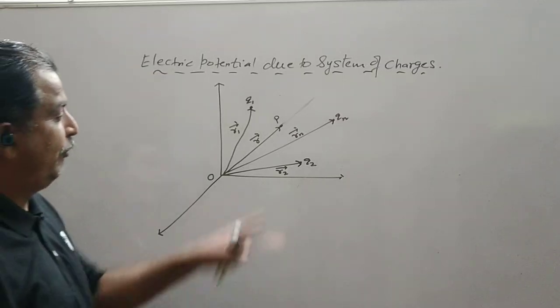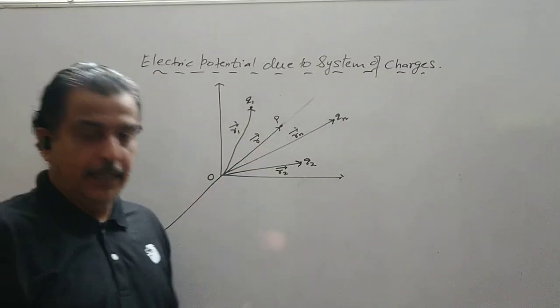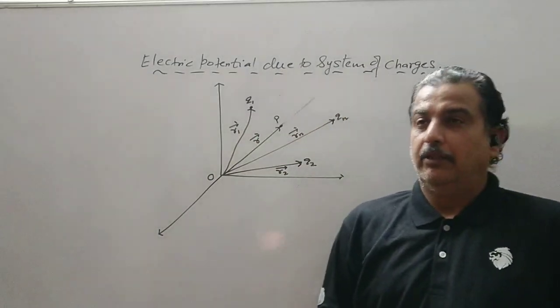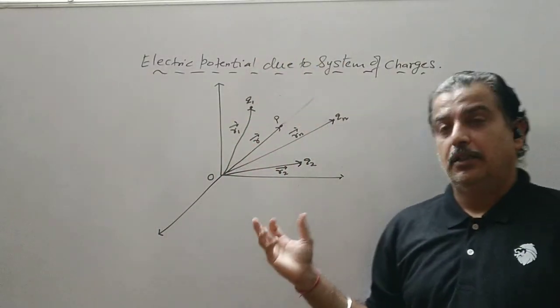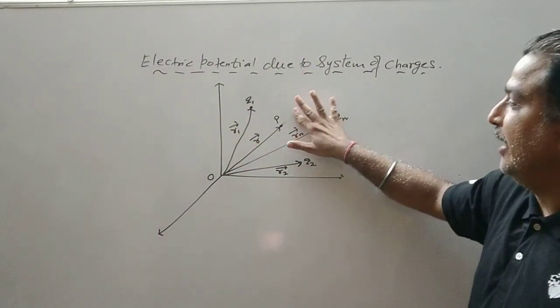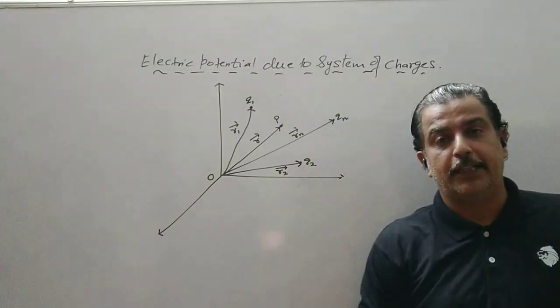For a system of charges, the potential is easy to find out because it is a scalar quantity.